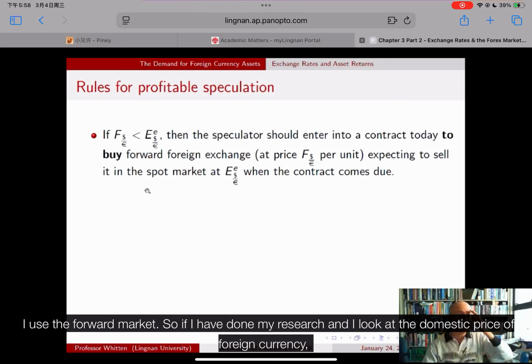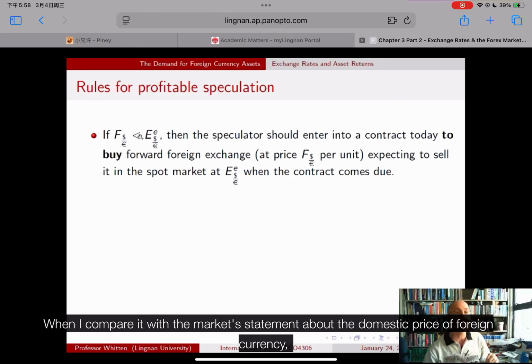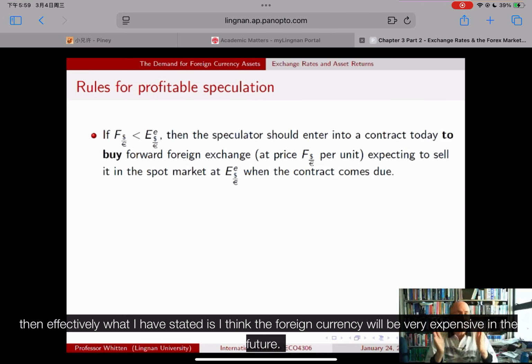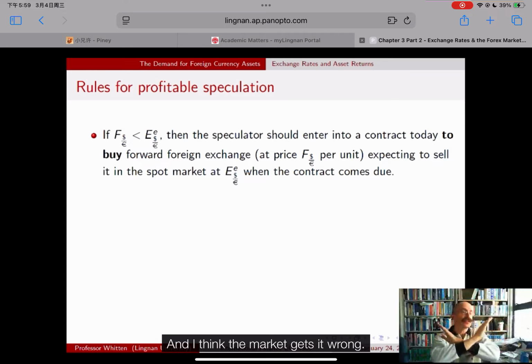So, if I have done my research and I look at the domestic price of foreign currency, and I am confident that in the future it will be high when I compare it with the market's statement, then effectively I think the foreign currency will be very expensive in the future. And I think the market gets it wrong.